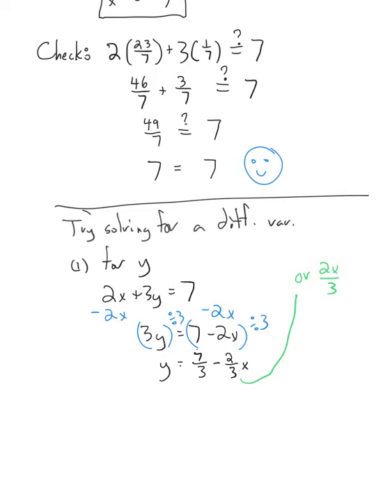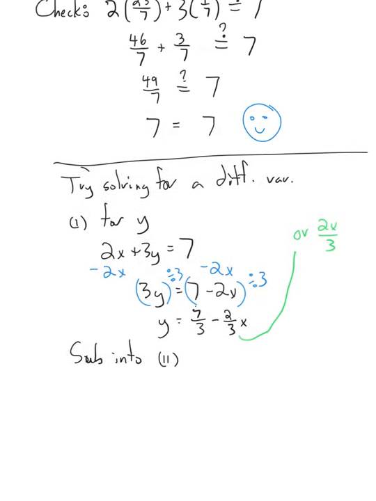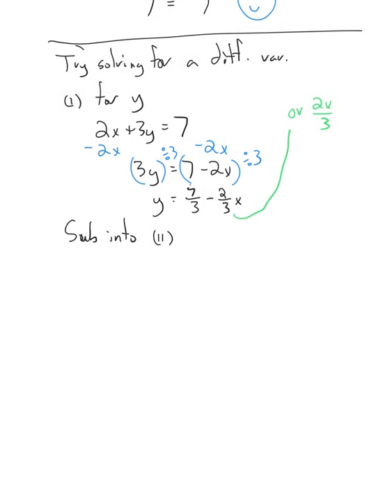Okay, so we solved for y. Let's sub into equation 2 now. Again, our fractions are a little harder to deal with, but that's okay. We'll always end up with the same answer.